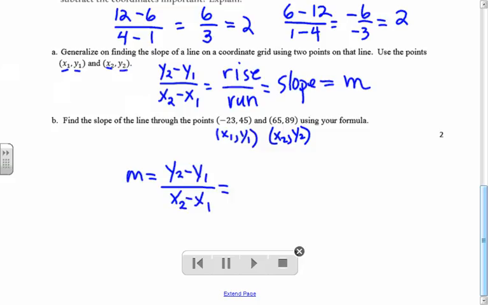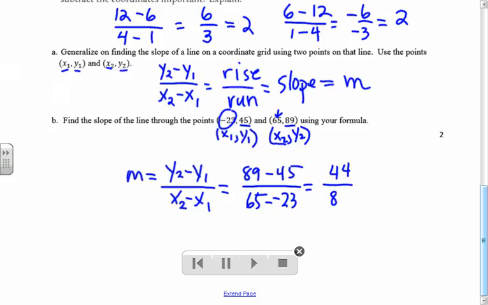My y2 is 89. My y1 is 45. My x2 is 65. And my x1 is negative 23. Subtract negative 23. 89 minus 45 is 44. 65 minus negative 23 is 88. When I divide those, I get 0.5. So the slope between those 2 points is 0.5 or 1/2.